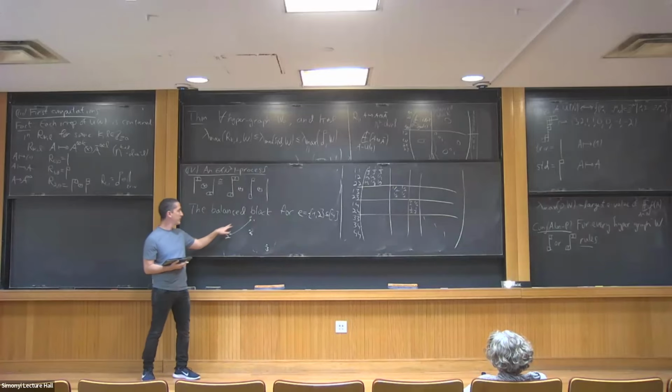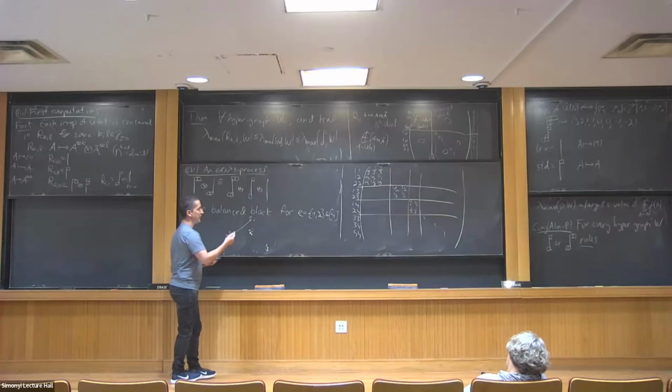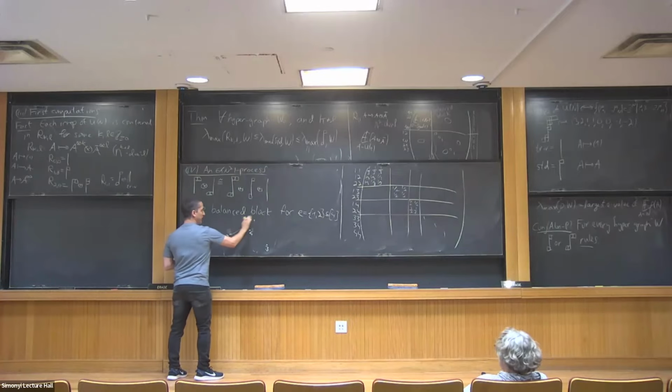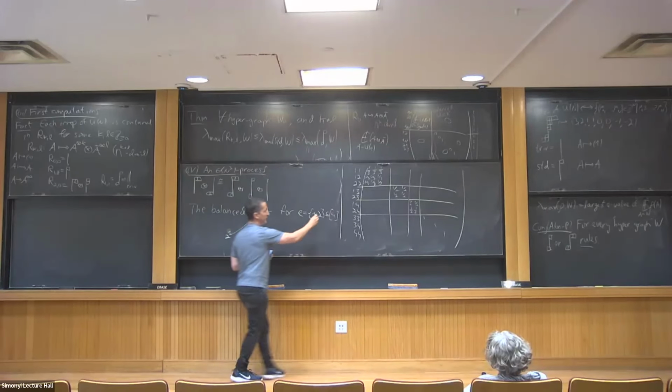I can move them around as long as they stay in my edge, and I give all possibilities the same probability. If my particle is at 1 here and 1 here, I don't touch this particle. This is what happens in this block.